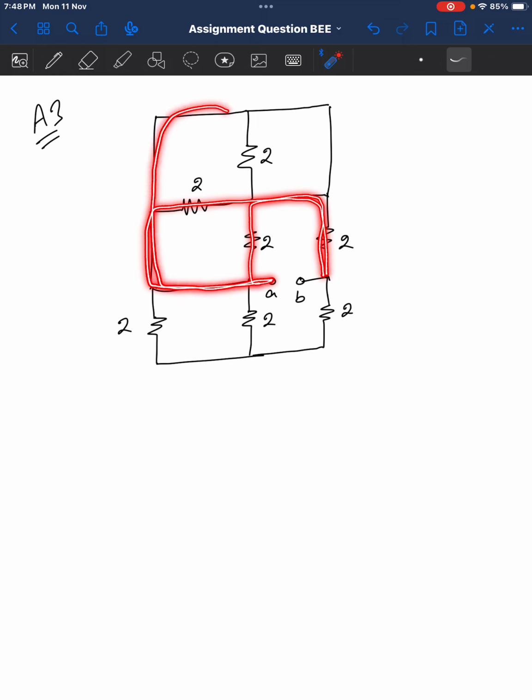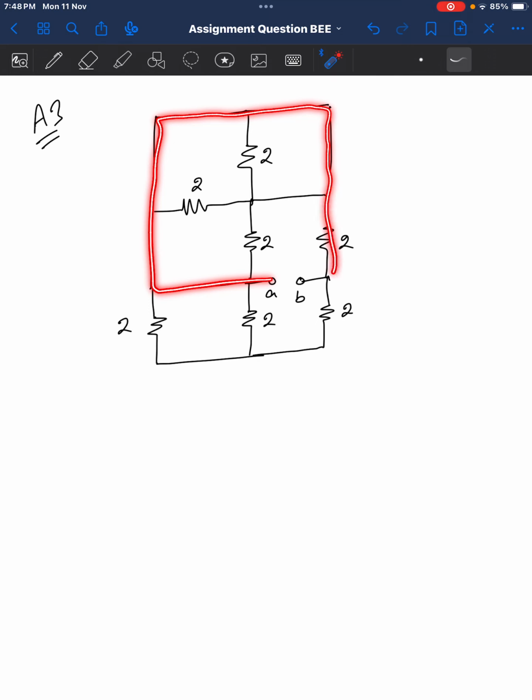Since this is a path like this, the current is not going to flow over this. Once this current is going like this, it can directly go up to here and come to B. Another option is you can go here, come this way and here.